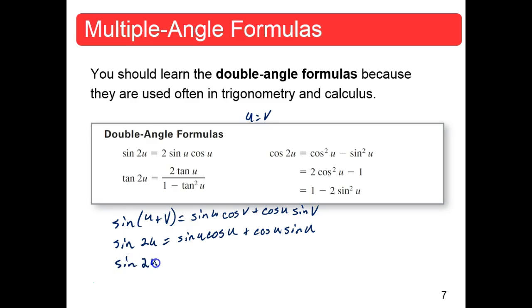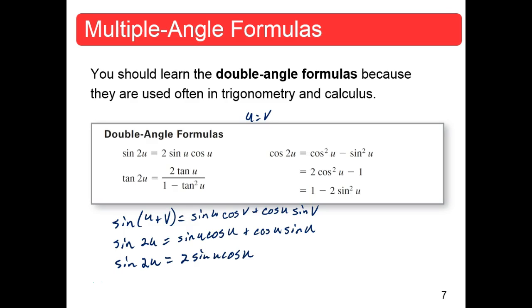Sine of 2U is equal to sine U cosine U plus another sine U cosine U. That's 2 sine U cosine U. And that's exactly what this is. So it's not memorizing something else. It's just plugging in the one you already know, putting U equal V, and you get it right there.